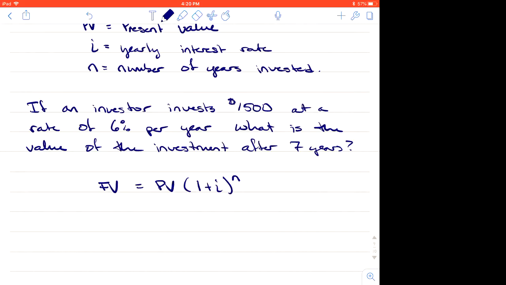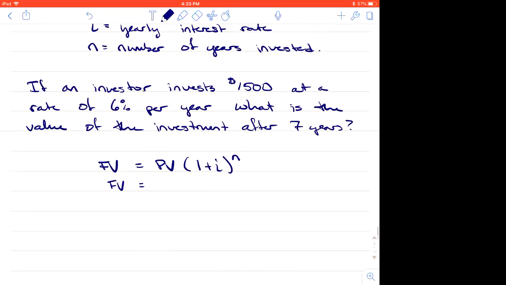So that's going to be your present value. And then the interest rate of 6%, keeping in mind what we learned the other day, where if we're working with percentages, right, we have to convert them to decimals, right? And then it sits there for 7 years. Okay? So we're trying to solve for our future value.